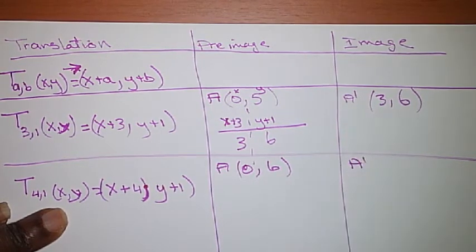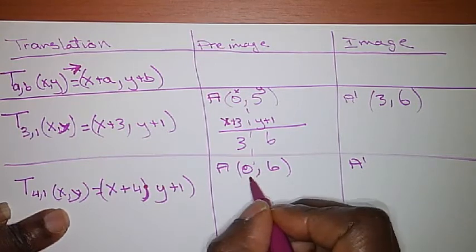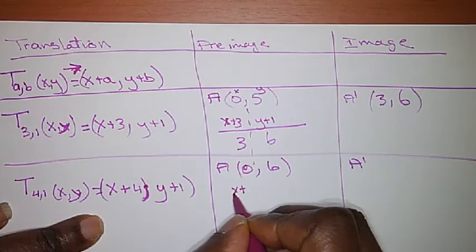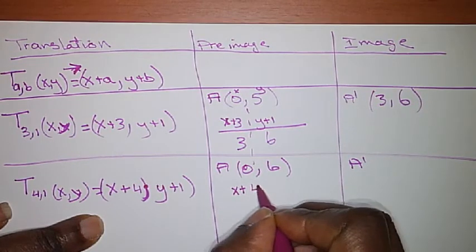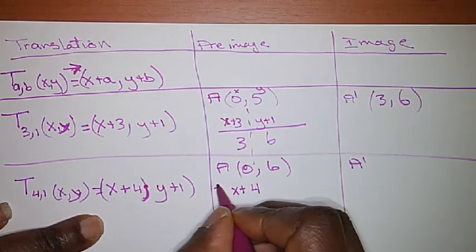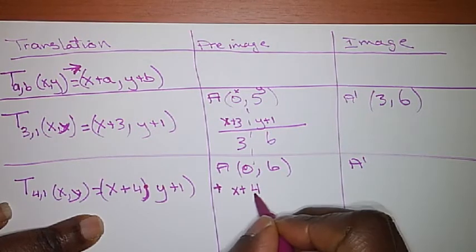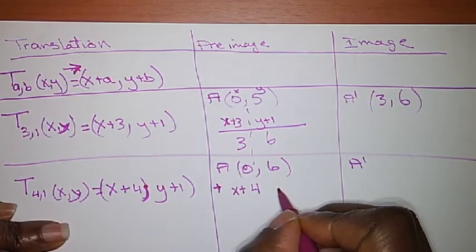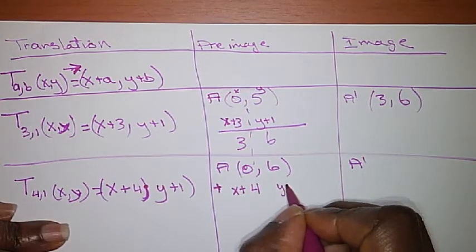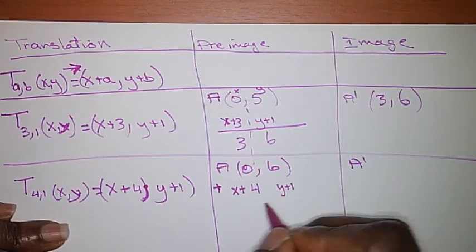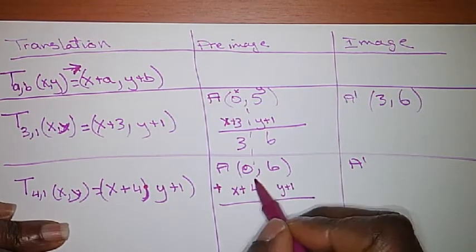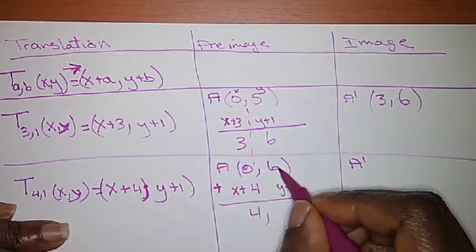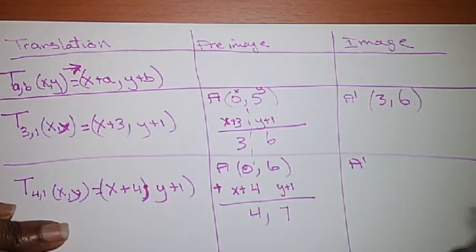And I need an image. So my X value, I am going to add 4. Let me put add on the side this time. I'm going to add 4 to the X, and I'm going to add 1 to the Y. So 4 plus 0 is 4, 6 plus 1 is 7.